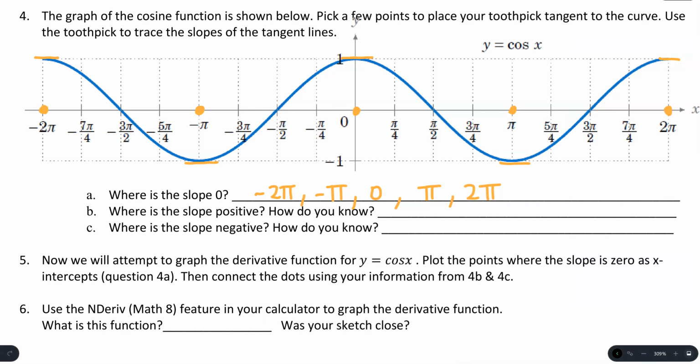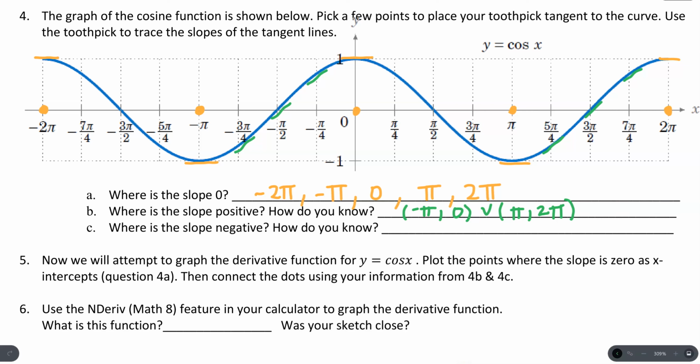Okay, so where is the slope going to be positive? So what happens here? So it'll be positive between where? Negative pi to 0. And where else? So pi to 2 pi. Good.